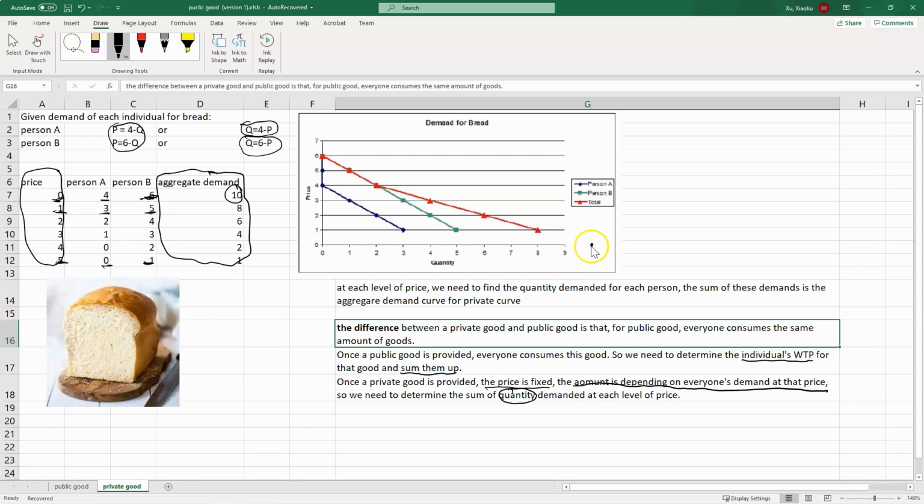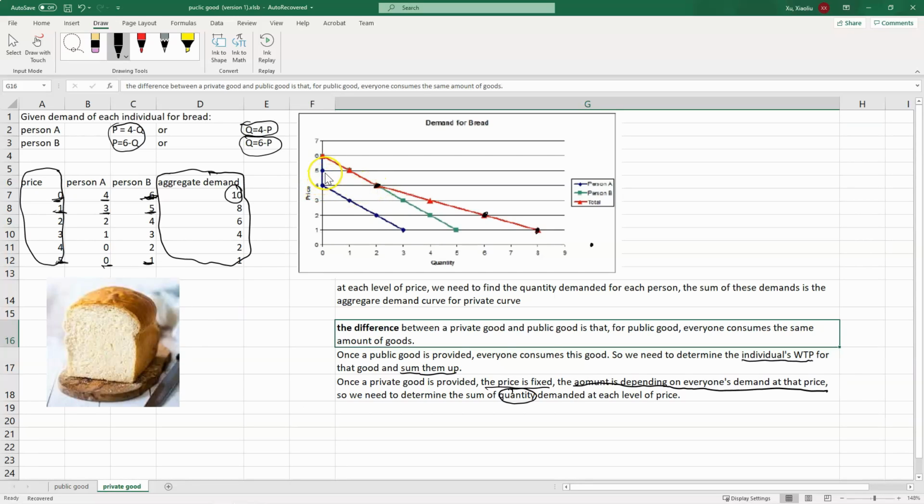If the price is equal to 1, the aggregate demand is equal to 8. If the price is equal to 2, the aggregate demand is 6. So here we also have a kink.